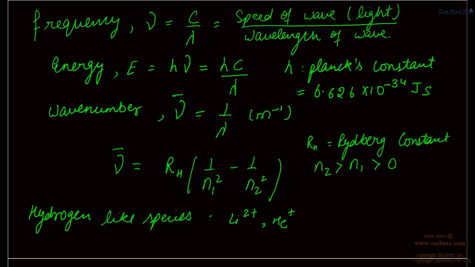They have a certain atomic number, and hence in these cases the value of wave number is RH into 1 upon N1 square minus 1 upon N2 square, into Z square. Z is the atomic number of that species.